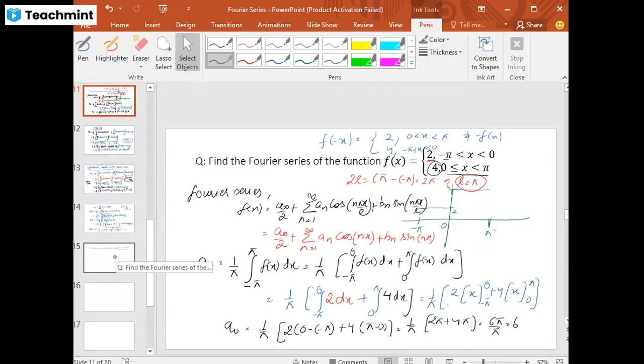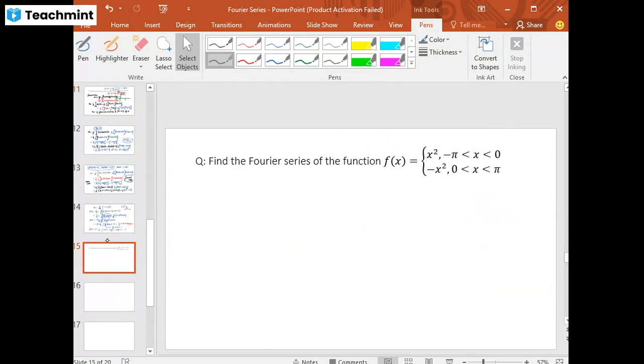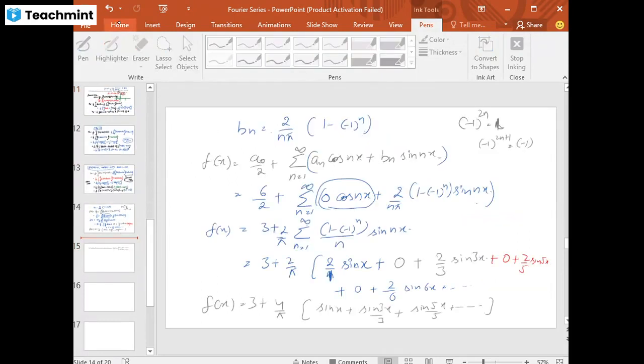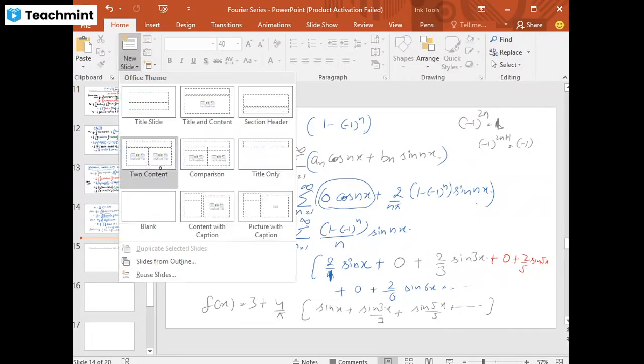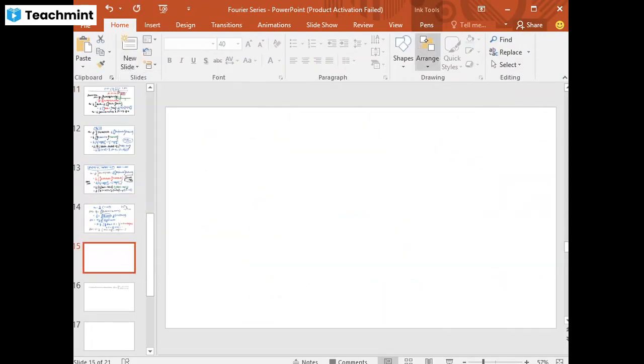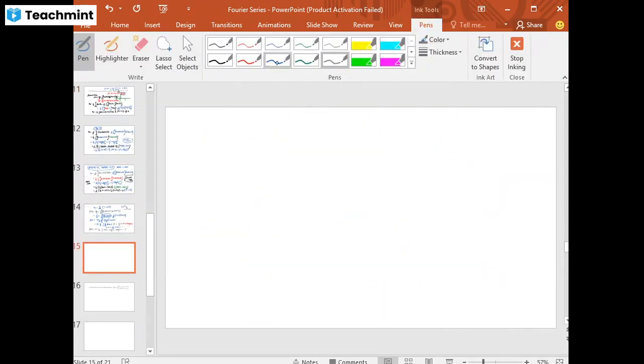Okay. So one important observation in the case of Fourier series that I want to discuss, let me write here: we need to use only a few integration formulas. We should know the integral of sine ax, that is minus cos ax upon a.